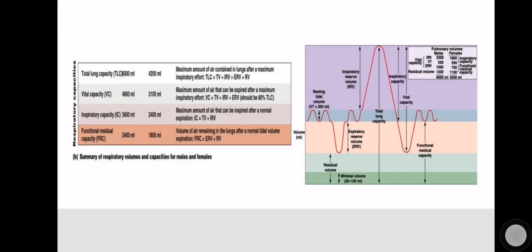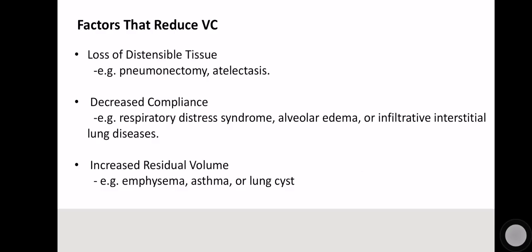The left side picture shows the capacity in the lungs, and the right side shows the graph of the lung capacity. Factors that reduce VC: loss of distensible tissue, decreased compliance, increased residual volume.